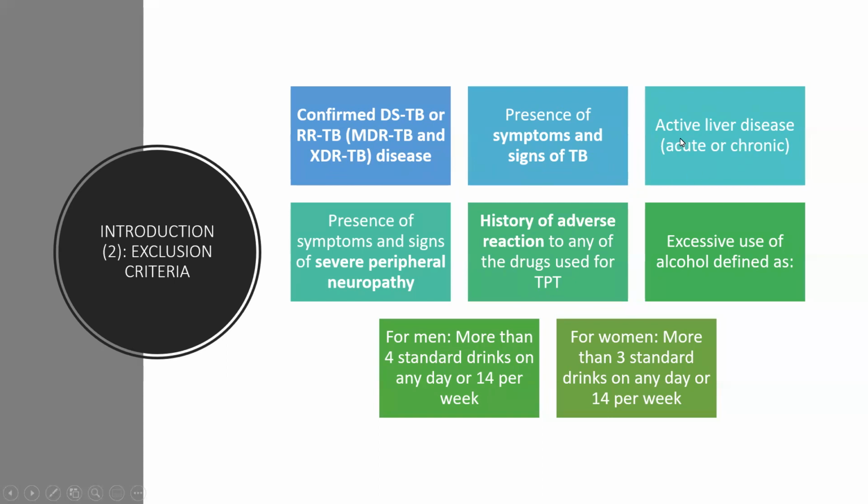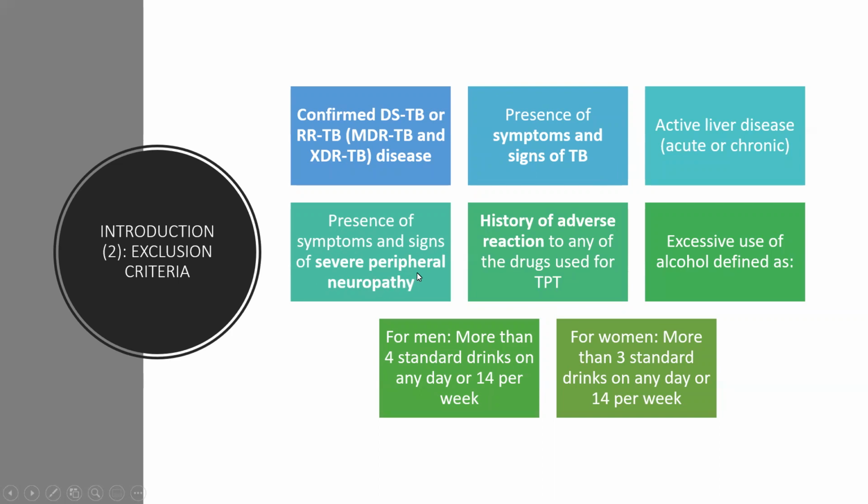And those that can never be considered are those with active liver disease, because the drugs that you are using for TPT get metabolized in the liver. So if your patient has existing liver problems, it's going to cause problems with the absorption of the drug. Also, the other category is the presence of symptoms and signs of peripheral neuropathy.